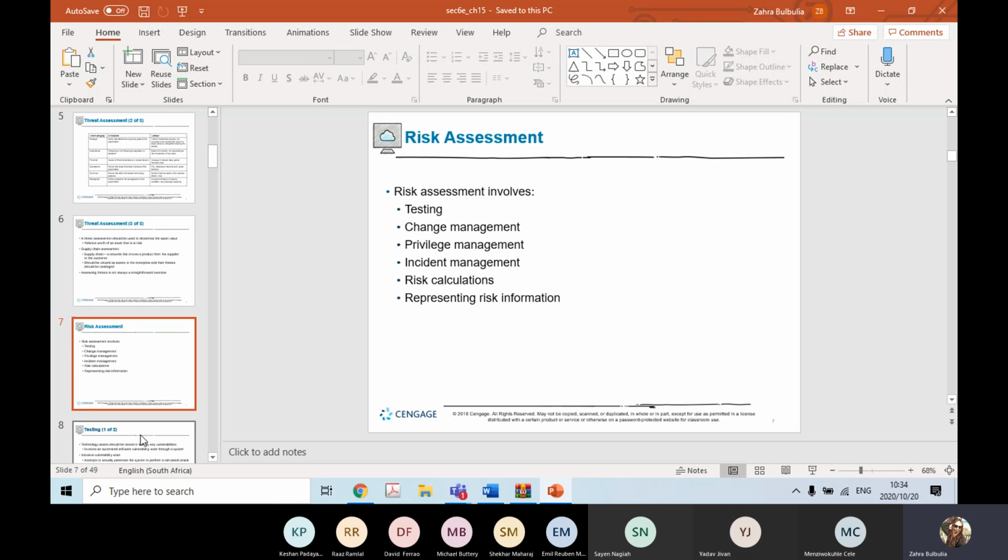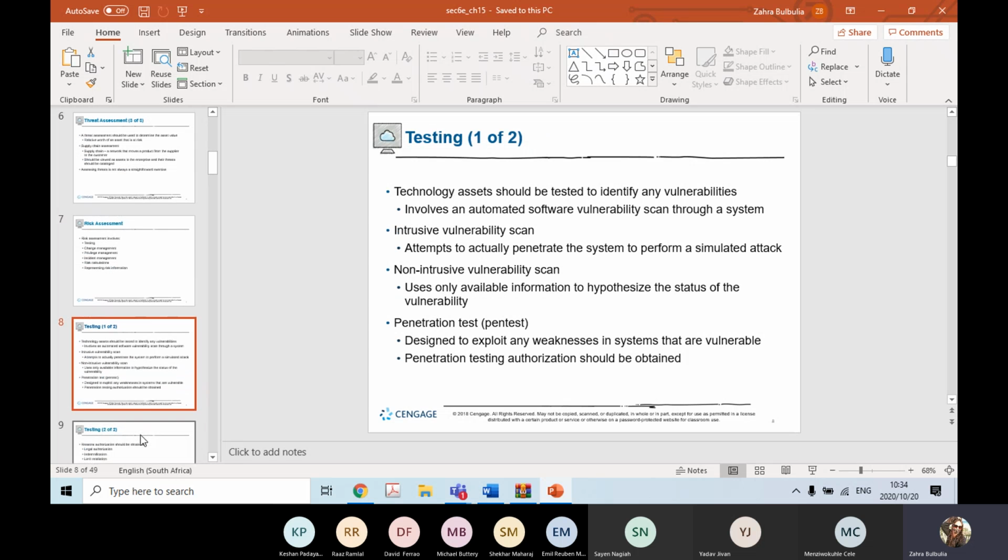Risk assessment involves testing, change management, privilege management, incident management, risk calculations, and representing risk information. Technology assets should be tested to identify any vulnerabilities. This involves your hardware and your software. Intrusive vulnerability scans attempt to actually penetrate the system to perform a simulated attack.